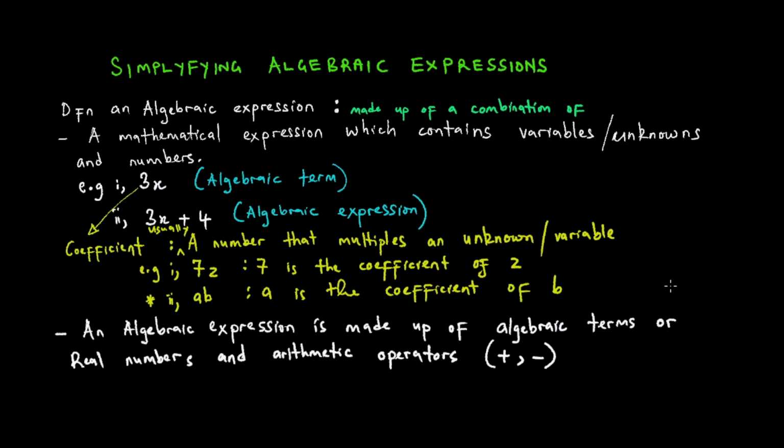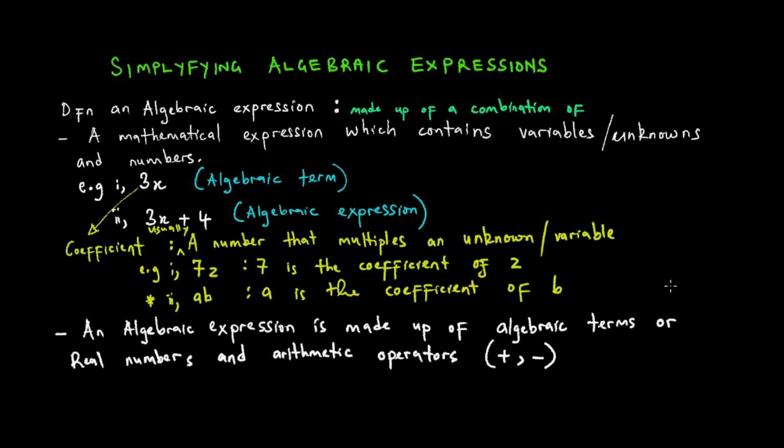So a quick summary: we have defined an algebraic expression as a mathematical expression which contains variables and unknowns. This is a combination of variables, unknowns and numbers.